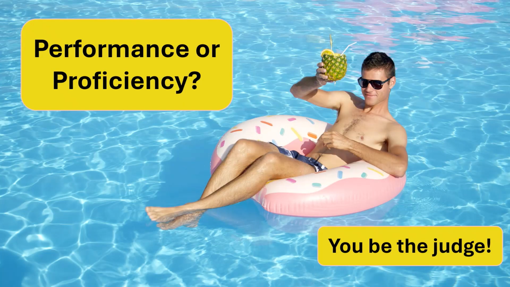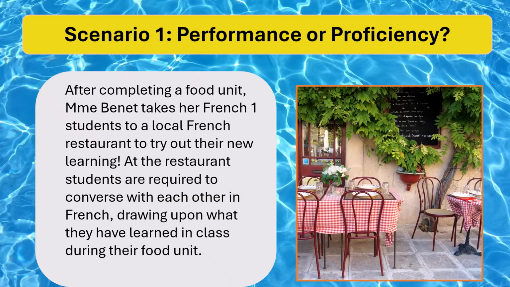All right, so next I'm going to share a few scenarios, and I want you to decide whether they are describing language performance or language proficiency. Here's the first one. So, after completing a food unit, Madame Bonnet takes her French 1 students to a local French restaurant to try out their new learning.